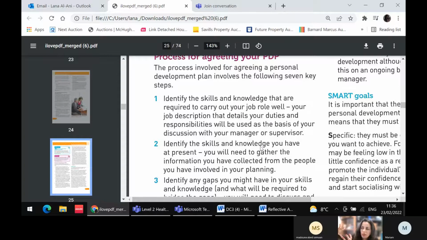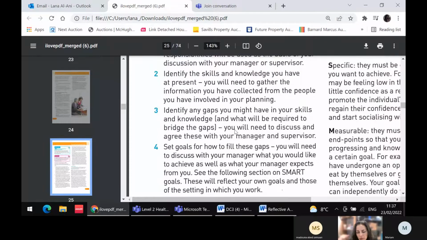So first you identify the skills and knowledge that you need to do the job. Then you identify the skills and knowledge that you have already and how you can improve them. And then you identify the gap between these two. Identify the gap and how to fill this gap.